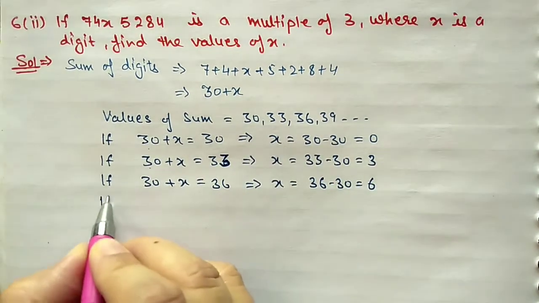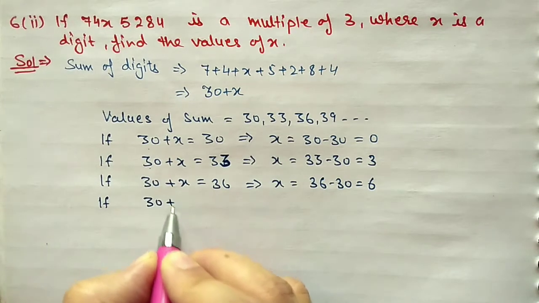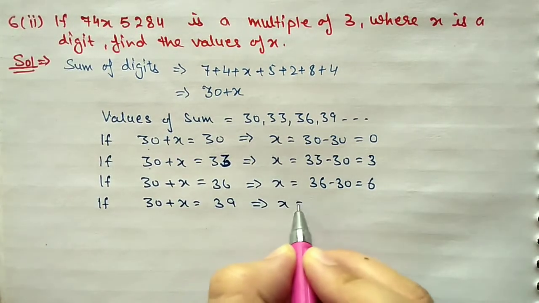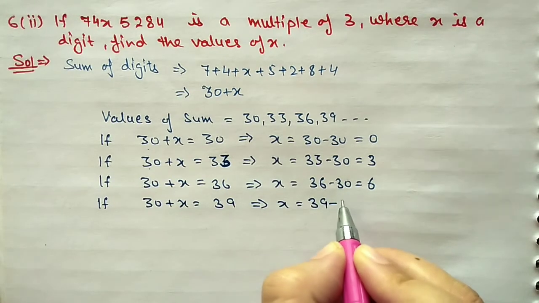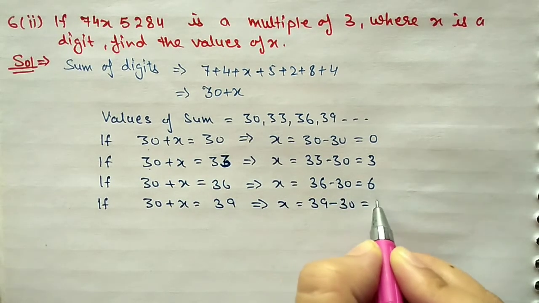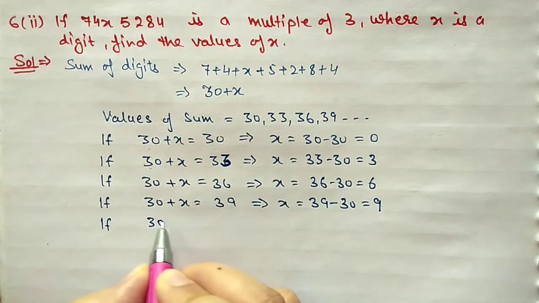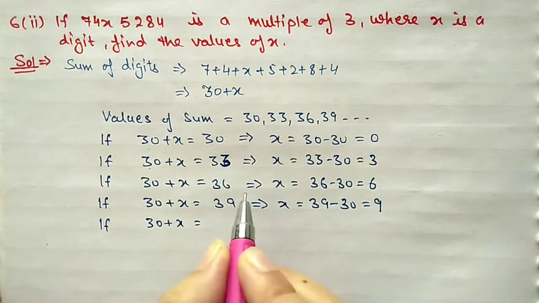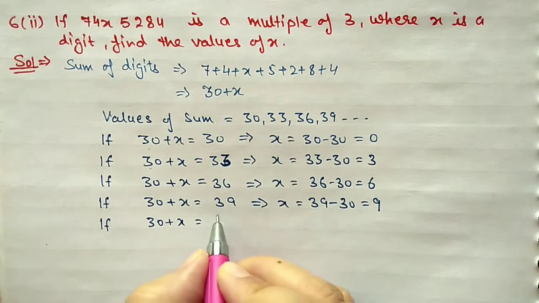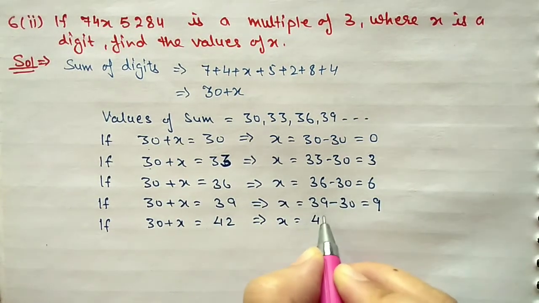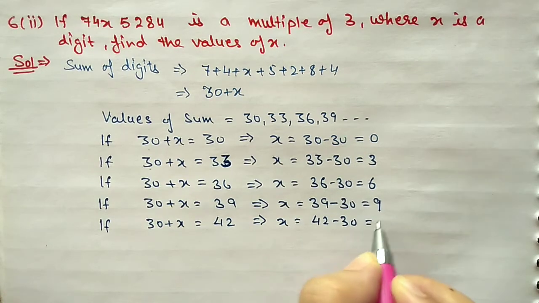Similarly, next value we will take, if 30 plus x is equal to 39, then x value will be 39 minus 30 equal to 9. And if we take the next value 30 plus x, next multiple of 3 in this is 42. If we take 42, in that case x will be 42 minus 30, which will come 12.